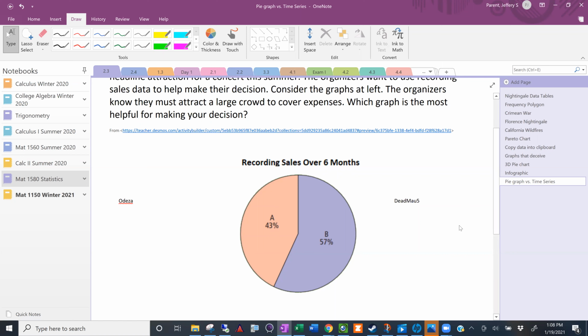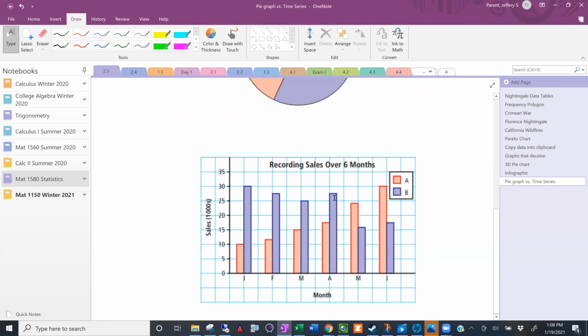But let's take a look at a different look at this data, and that'd be this histogram. So it's the sales for January, February, March, April, May, and June. Now it's basically the same information, it's just breaking it out over 6 months. But this illustrates a little bit more than what we just saw.